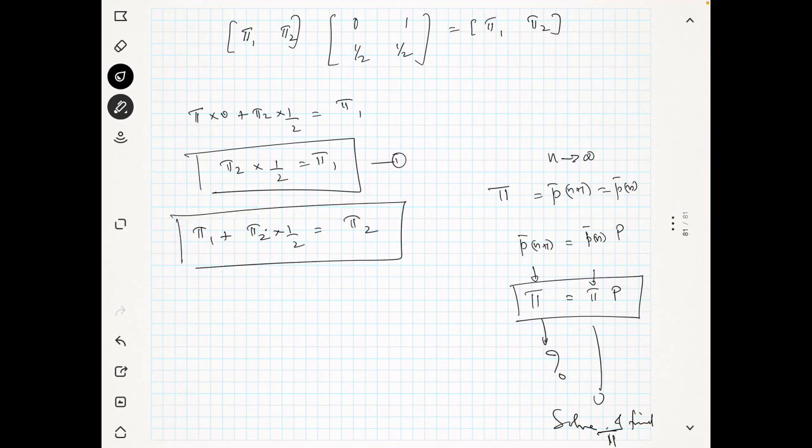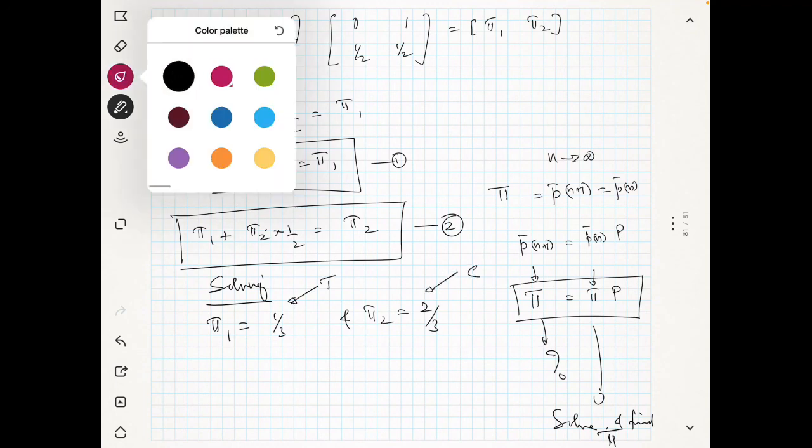Now I can solve these two equations. Instead of pi 1, I can substitute pi 2 into 1 by 2 and solve. Solving this, I will get pi 1 is equal to 1 by 3 and pi 2 is equal to 2 by 3.